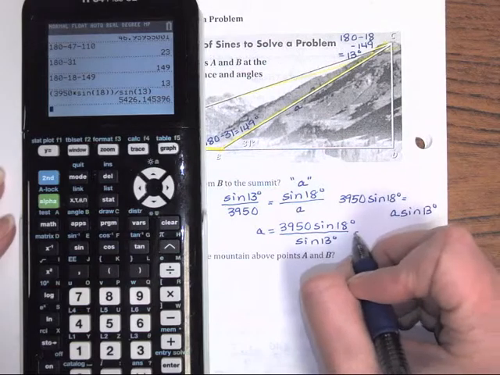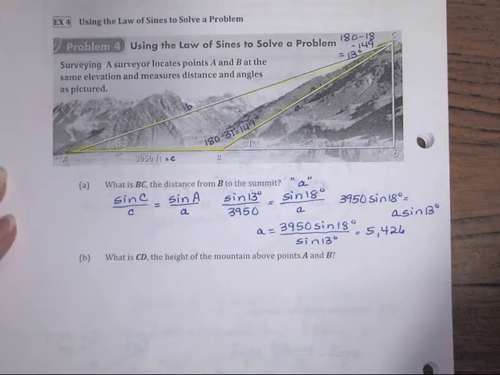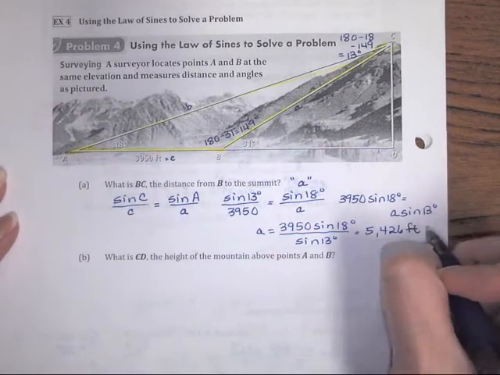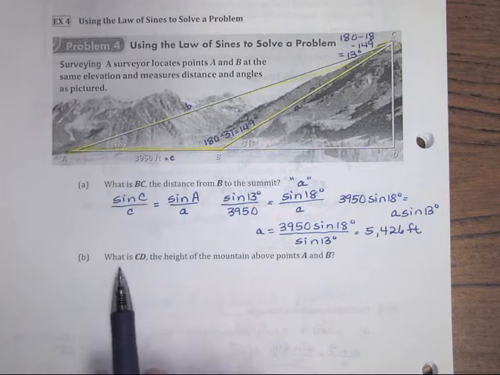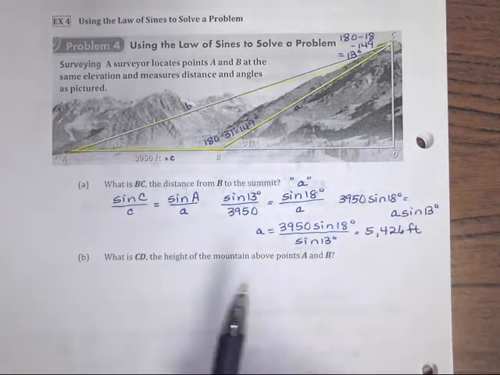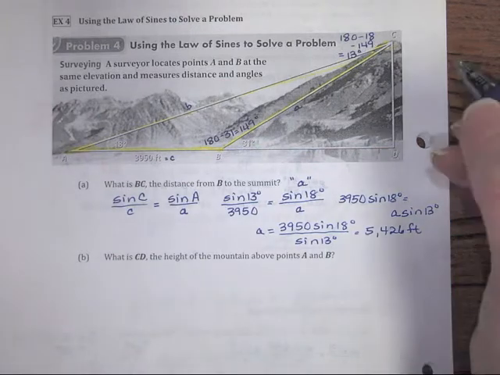And we get that this is 5,426 feet. Now, let's go ahead, and we've got the question, what is CD, the height of the mountain above points A and B?